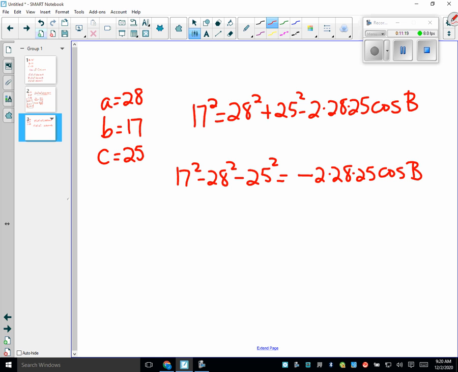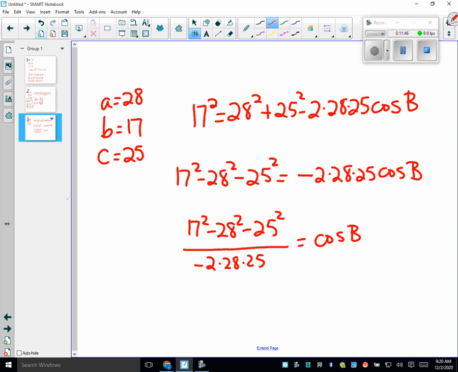So how would I get cosine of B by itself? Divide by negative 2 times 28 times 25. Do you agree? So 17 squared minus 28 squared minus 25 squared over negative 2 times 28 times 25 equals cosine of B, right?